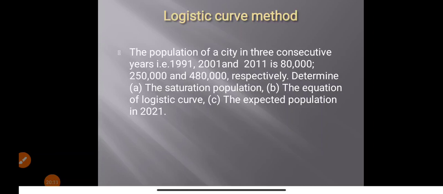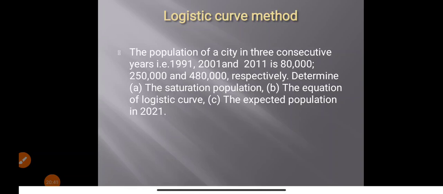So let me solve the problem based on the logistic curve method. The population of a city in 3 consecutive years is given, that means 1991, 2001, 2011. As in all other methods, only two data are given: one is the year and the next is the population.